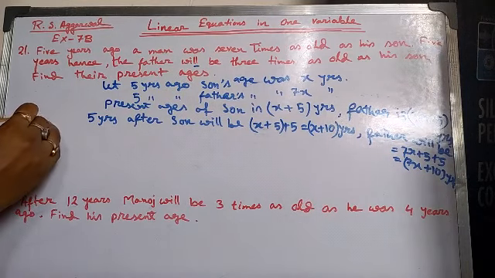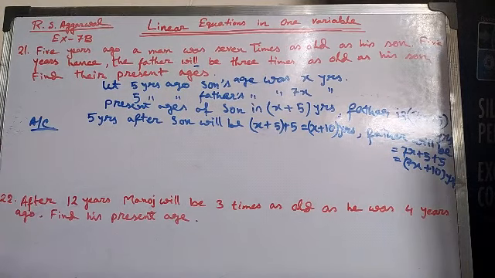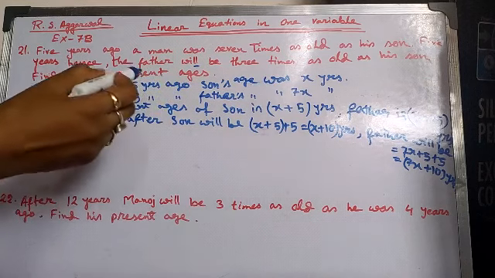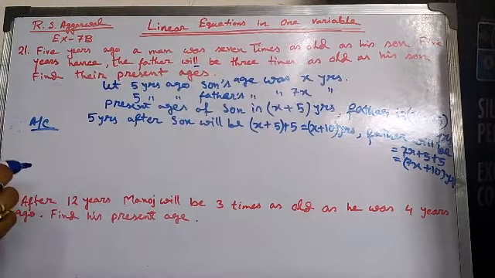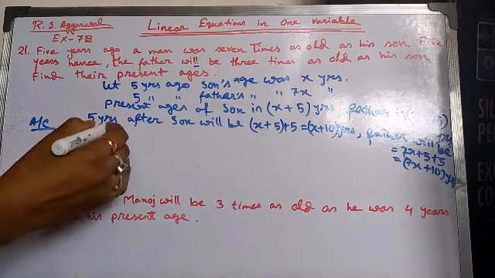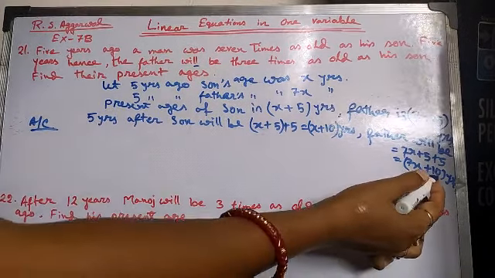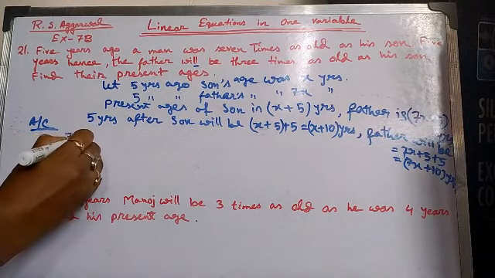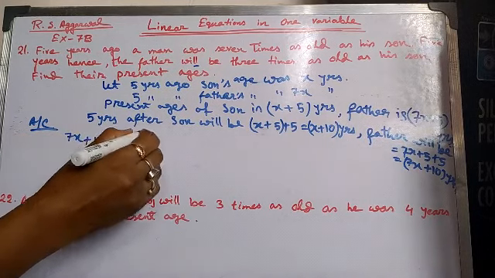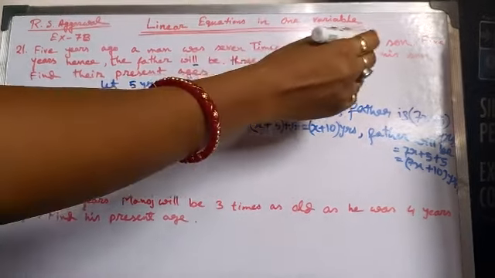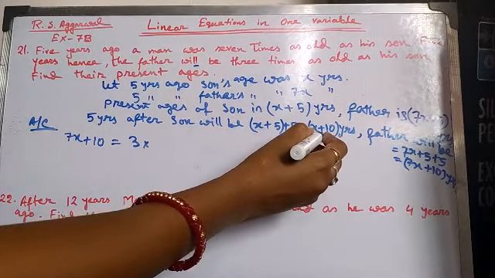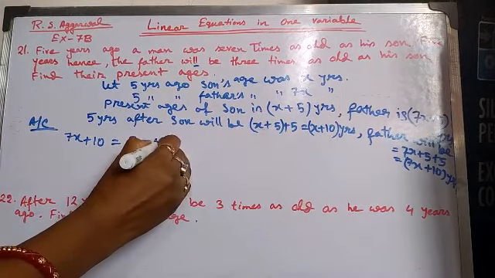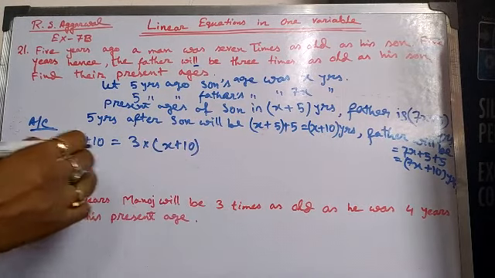Now according to the condition, what is given? Father will be 3 times as old as his son. Father's age 5 years after is 7x plus 10, equal to 3 into son's age 5 years after, x plus 10. This is the condition.